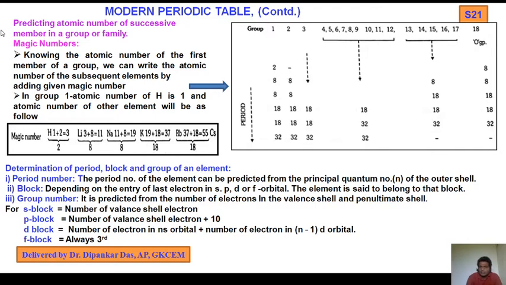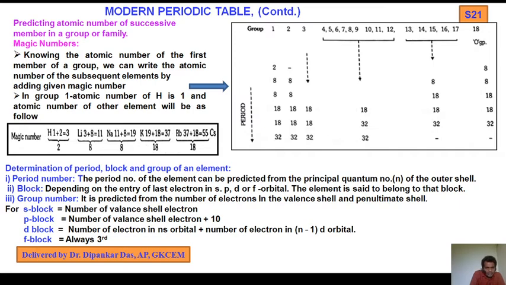So for group 13 to 17, 8, 8, 18, 18, 32, that means actually I want to say that, suppose you consider group 13, 14, 15, 16, 17 elements, so you know this 8, 8, 18, 18, 32. So 8, you add 18, you get this element. Again you add 18, get the element. Again you add 32, get the atomic number. Similarly here 8, again 8, again 18, just adding. Again 18, again 32, we get the atomic number. Clear? So that's why I have shown this here.